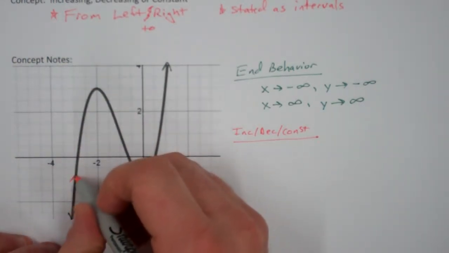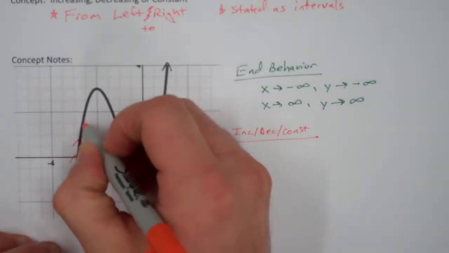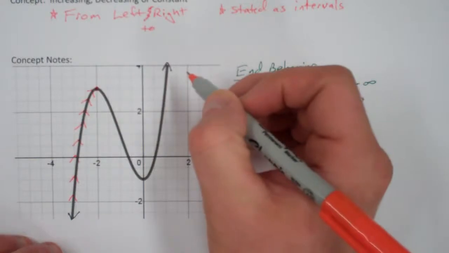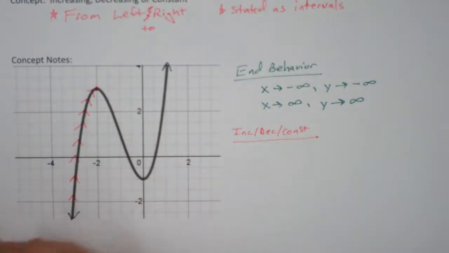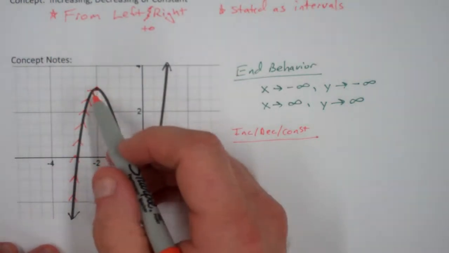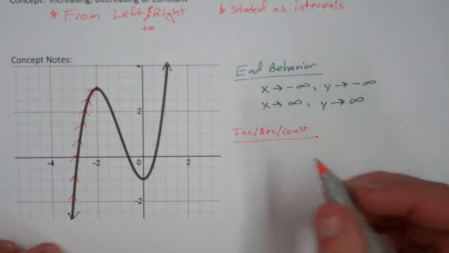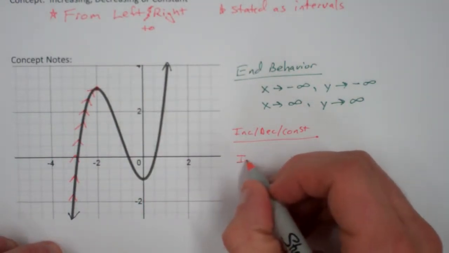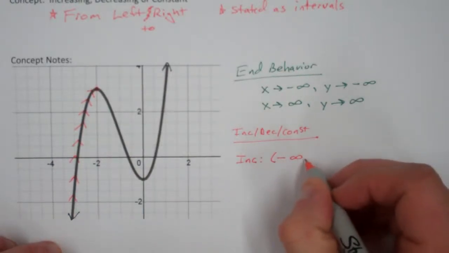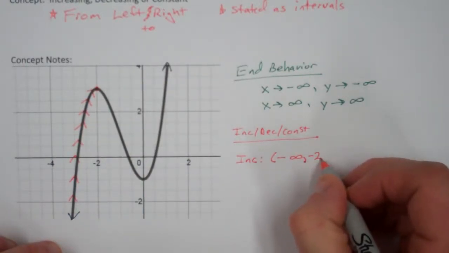Notice how the values of y are increasing or going up until this point right here. So if you were to go to negative infinity and then continue all the way to negative 2, you would be going up the graph, or you'd be climbing or increasing. So we want to write our increasing interval starting off as negative infinity to negative 2.